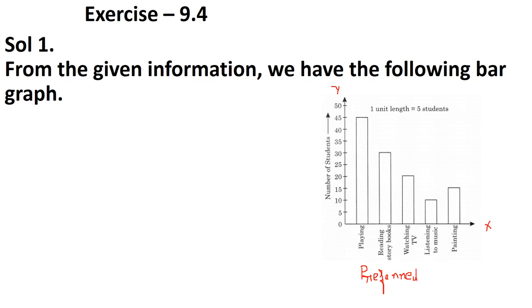It is not mentioned here, but we have to write it. Preferred activity. Hope it is clear to you. So on both the axes, you have to write down what it is representing.